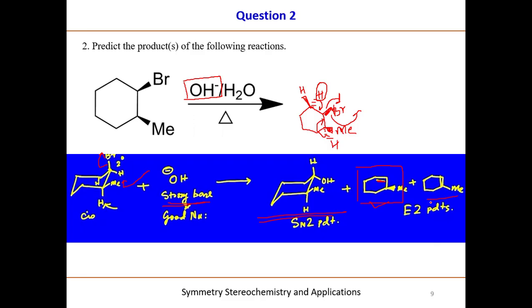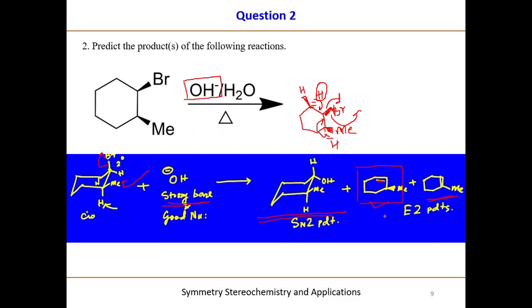So these are the two products obtained by E2 elimination. So in this example there are three possible products: one from the SN2 pathway and two from the E2 elimination reaction. I hope all of you are clear with the products in this case.